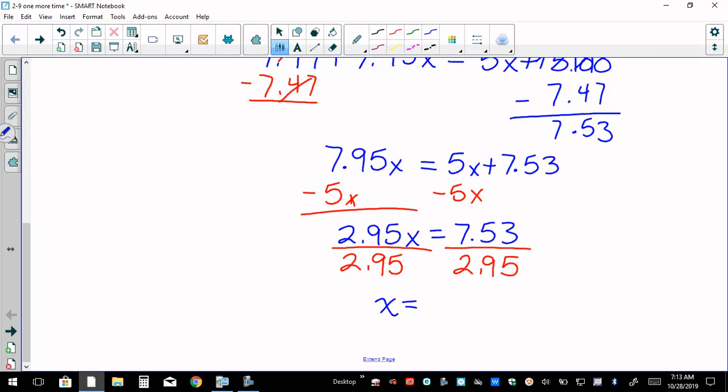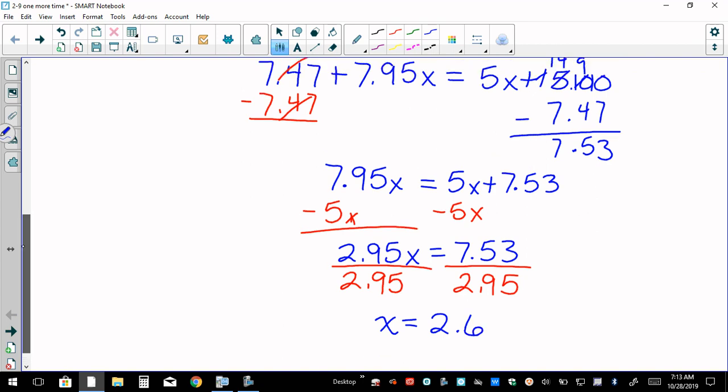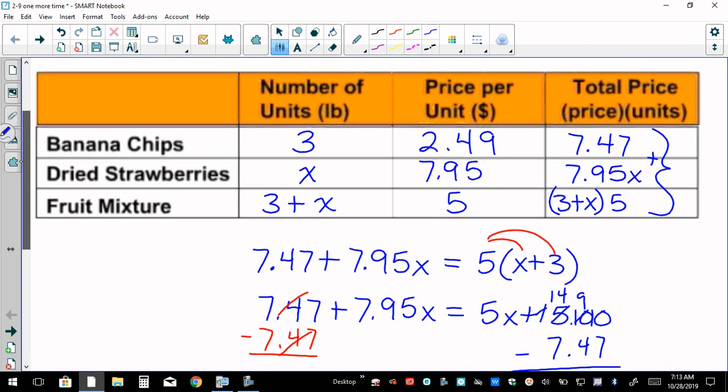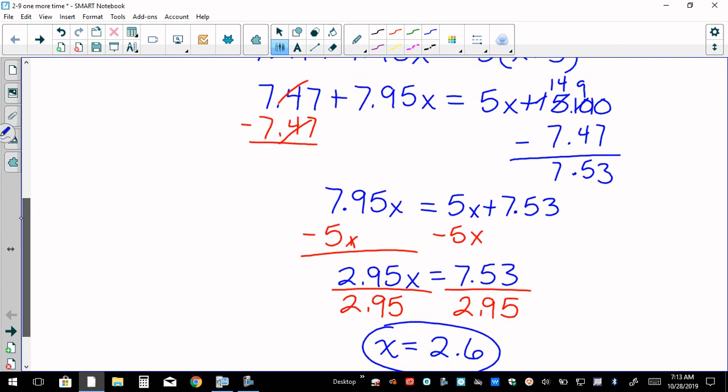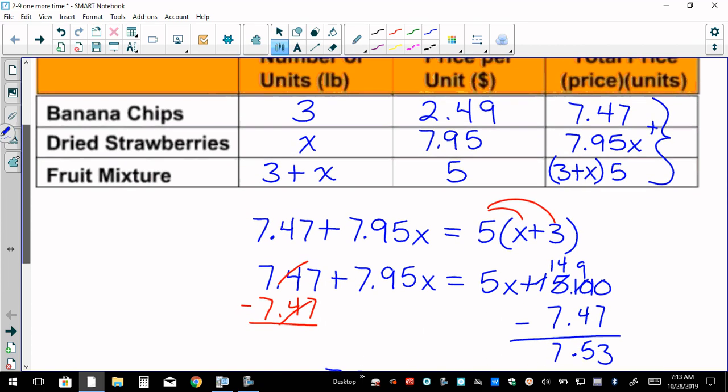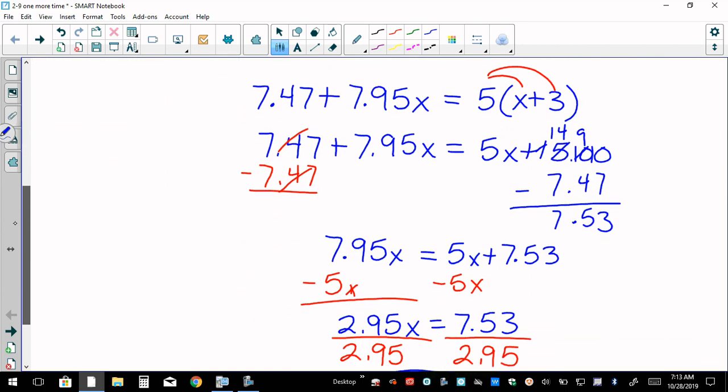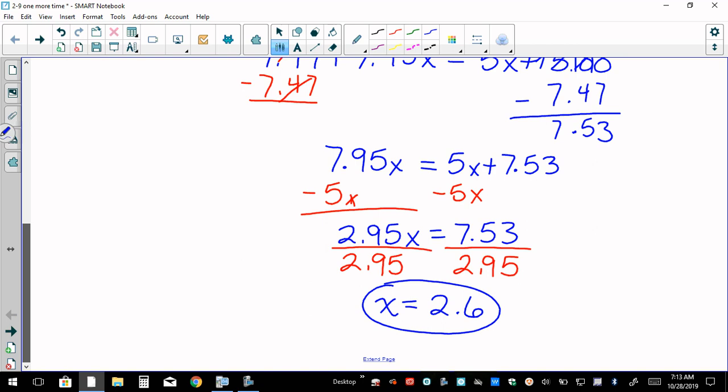So x is going to be about 2.6. And remember what x was: strawberries, right? So we need about 2.6 pounds of dried strawberries with the 3 pounds of banana mixture to make a $5 per pound mixture.